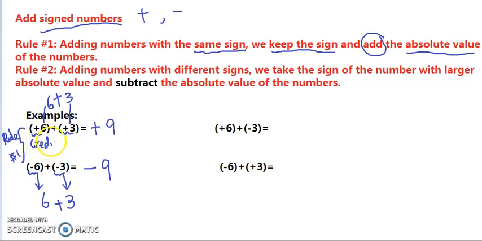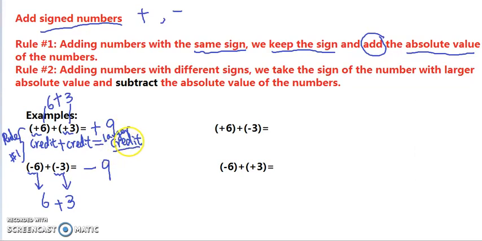A positive 6 means we have a $6 credit in our bank account, and positive 3 also means credit, so we have a $3 credit in another bank account. When we combine them together, we still have credit, because credit plus credit is still credit. Combining the two credits, you get a larger credit.